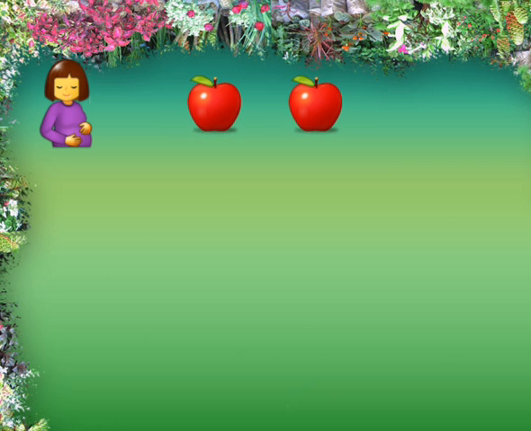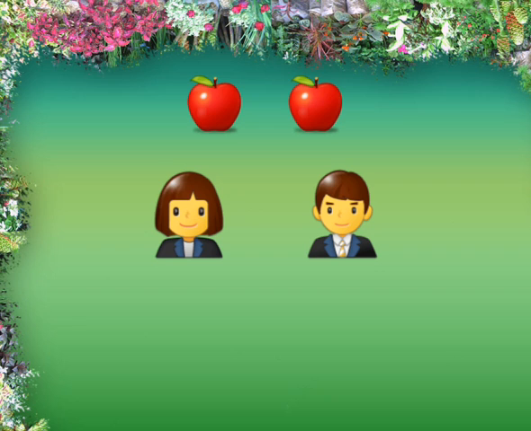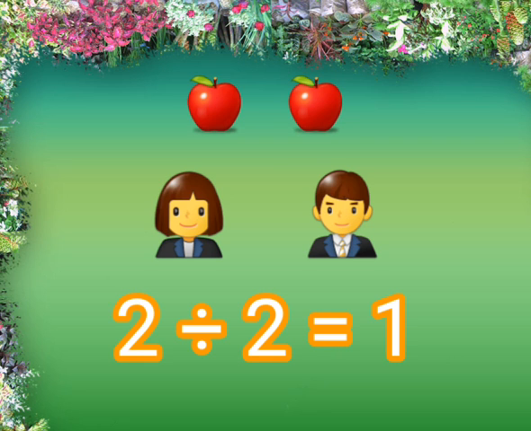Again, these 2 apples have to be divided equally between these 2 kids. So, 2 apples have to be divided among these 2 kids. And we know 2 divided by 2 is 1. So, they get 1 apple each. That is, Ramu gets 1 and his sister gets 1.